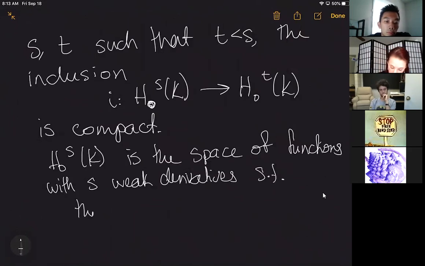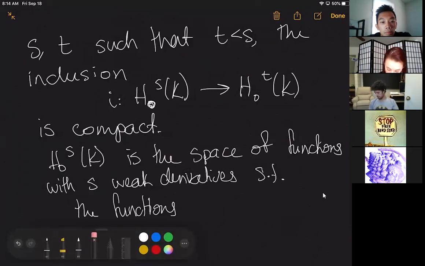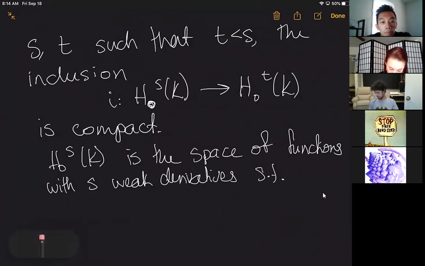the functions, how to order this. Functions f such that this norm is bounded.